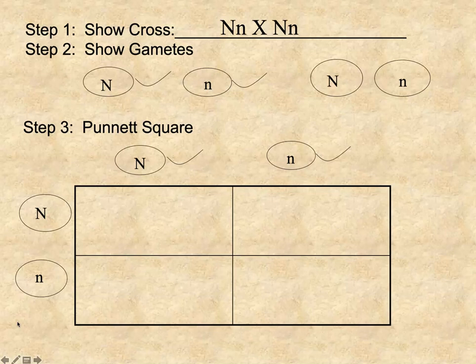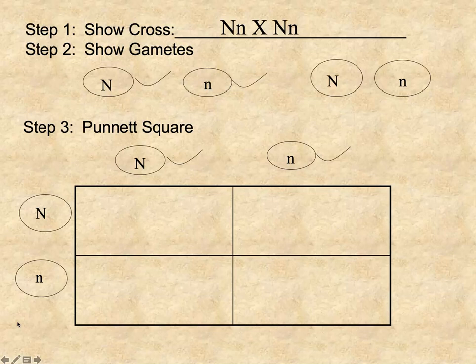And so at the top, I'm showing the cross. We're crossing a heterozygous normal individual with another heterozygous normal individual. And remember, a heterozygote contains a dominant allele and a recessive allele. If the first heterozygous normal individual is a male, that means 50% of his sperm cells will have the dominant normal allele, and 50% of his sperm cells will have the recessive allele for the genetic disease.